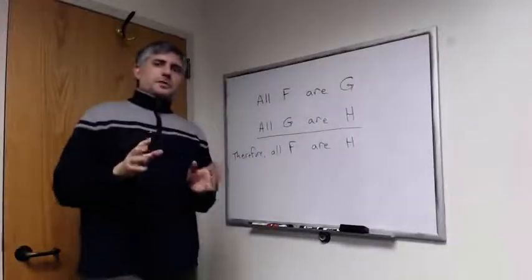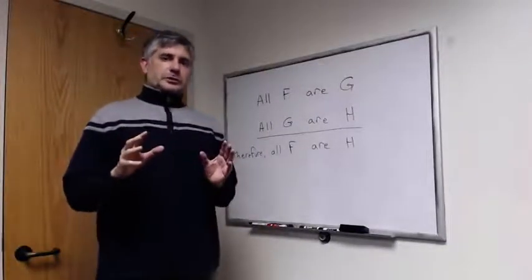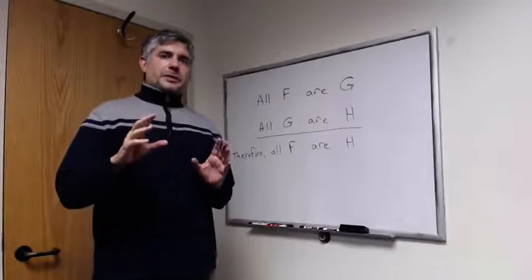This week, in categorical logic, we're going to use uppercase letters from a different part of the alphabet. We'll use uppercase F, uppercase G, and uppercase H to represent categories that are being connected together into a single proposition. Now notice, both of the inferences that we just discussed have this form in common.